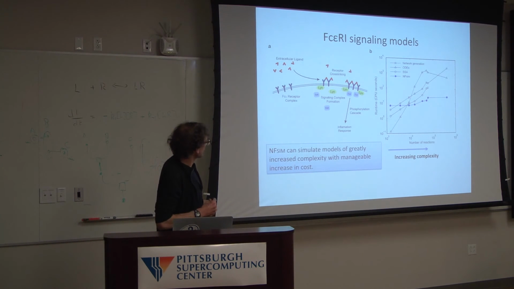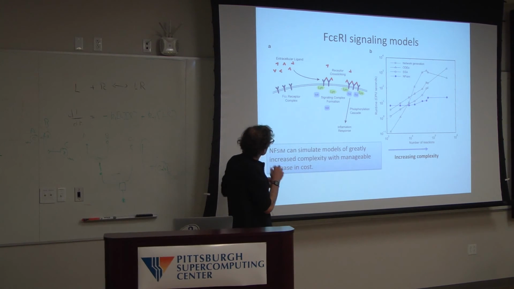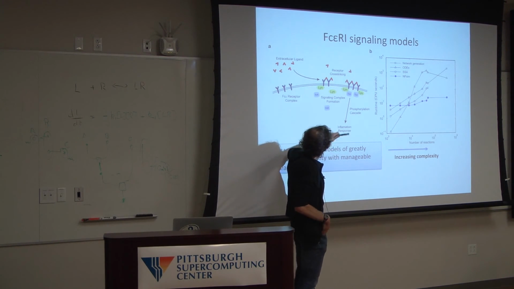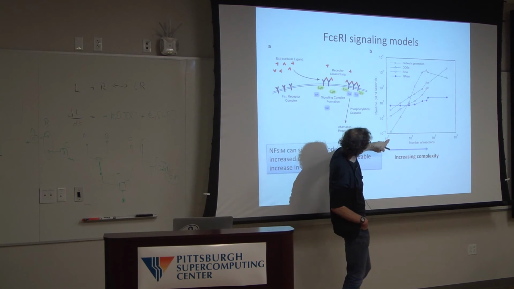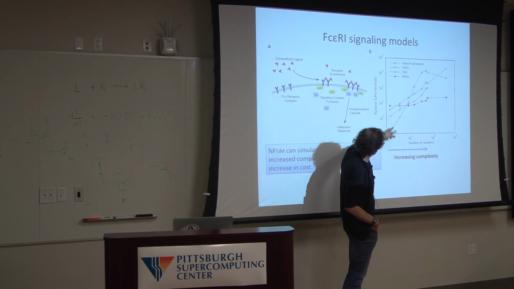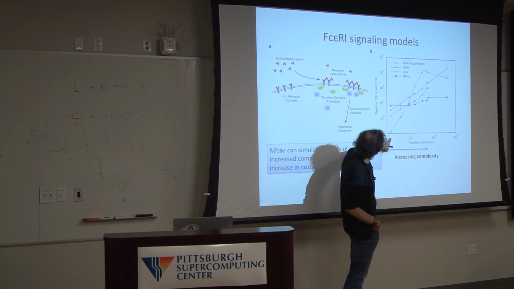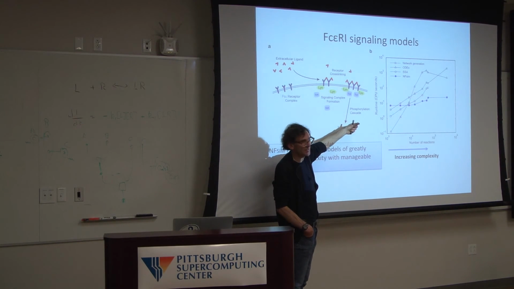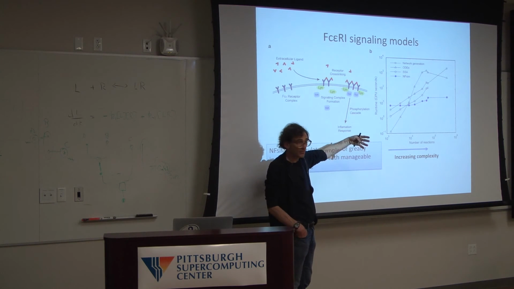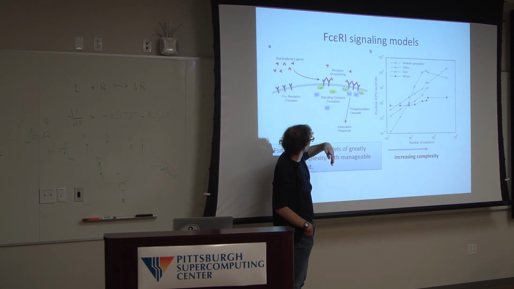So the idea is that by doing this kind of stochastic simulation, I can start with a network that has a simple set of rules that generates a relatively small network of, say, maybe a few hundred or a few thousand reactions. And over time, I can gradually increase the complexity. Maybe I know about new proteins that are part of that network. I learn about new interactions that can take place in that network.